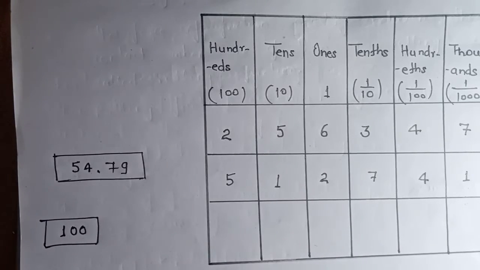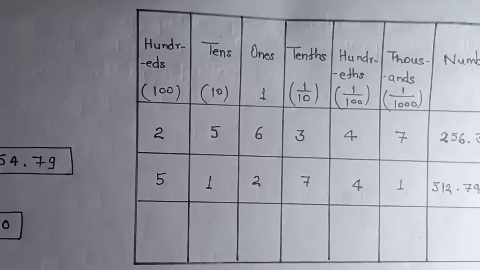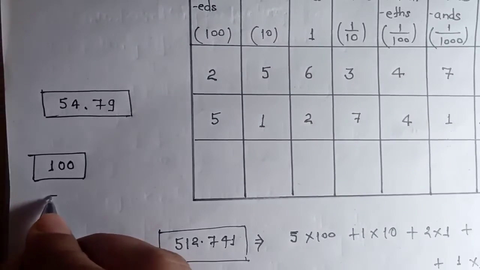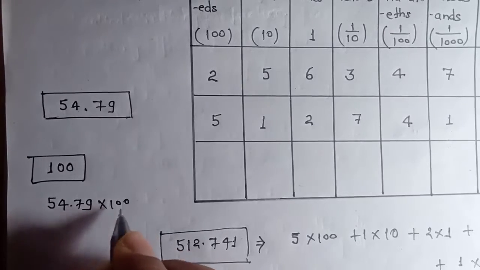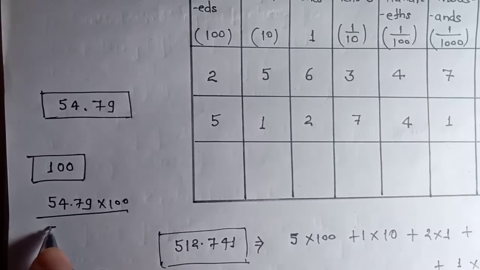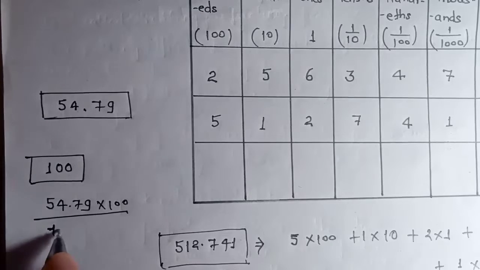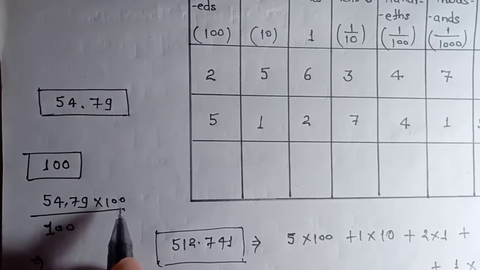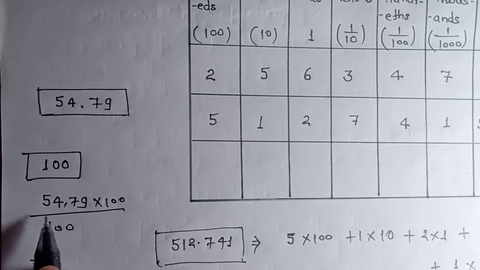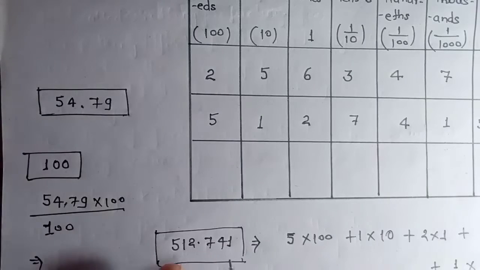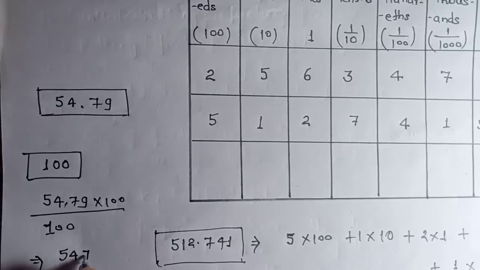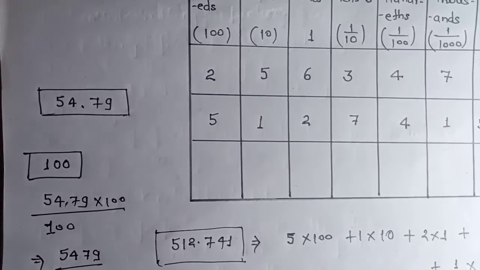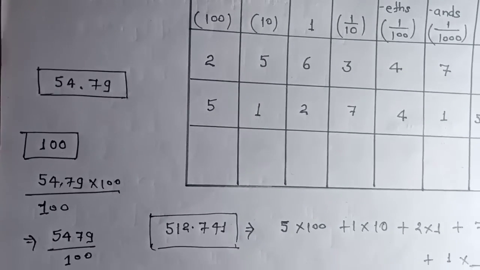When you multiply this 54.79 by 100, and when you divide this 54.79 by 100, this 100 shifts the decimal point to the right-hand side, and check in your copy. When you multiply this you will get 5479 upon 100, and you can see this is the fraction form of the number.